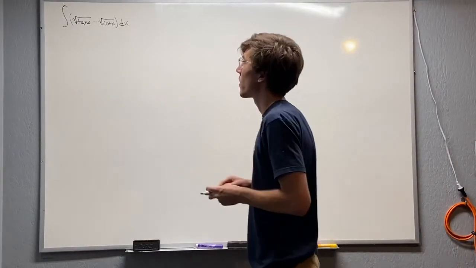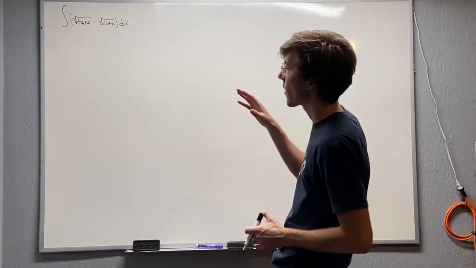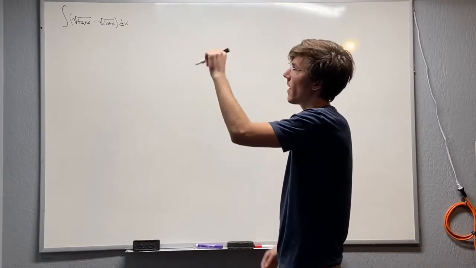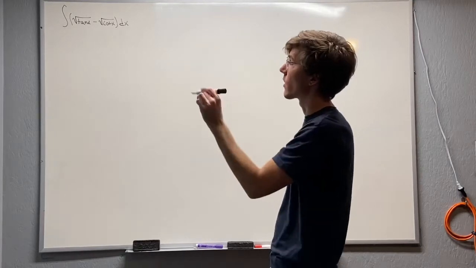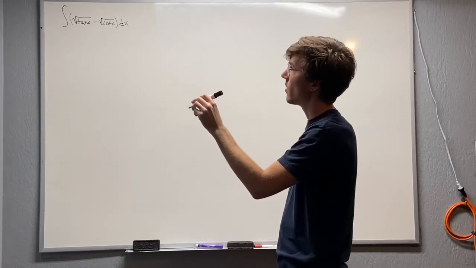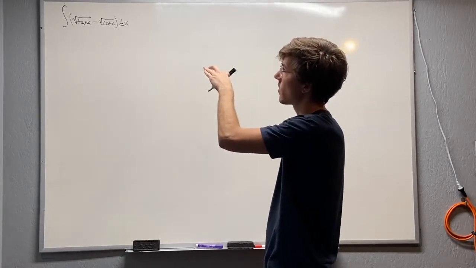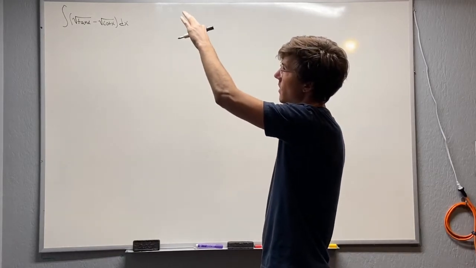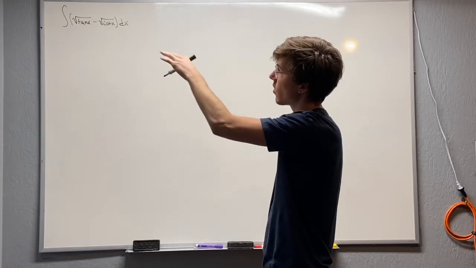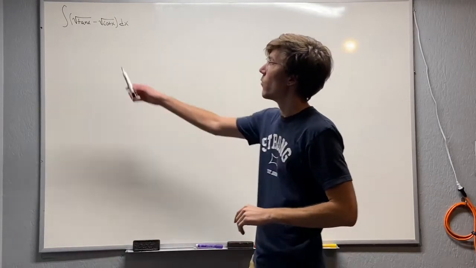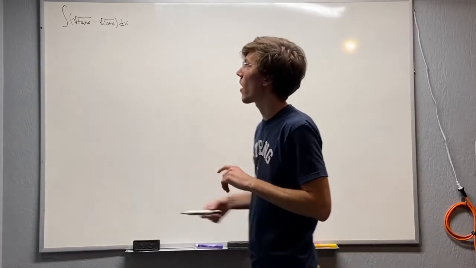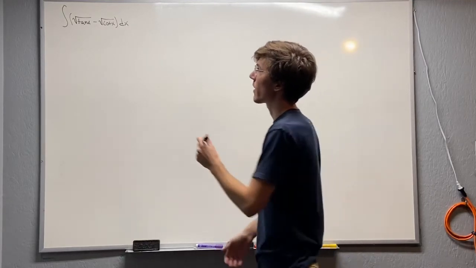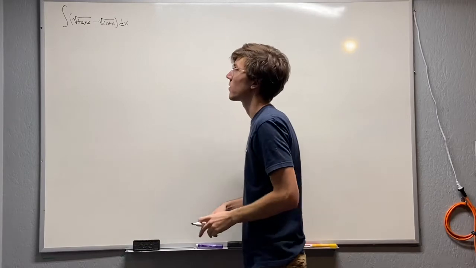The first thing we want to take a look at is, we've got tangent of x. Tangent of x can be represented as the sine of x over the cosine of x, and then we've got cotangent of x, which can be represented as the cosine of x over the sine of x. With square roots, we also know this other property that we can break apart the square root, it plays nice with division.